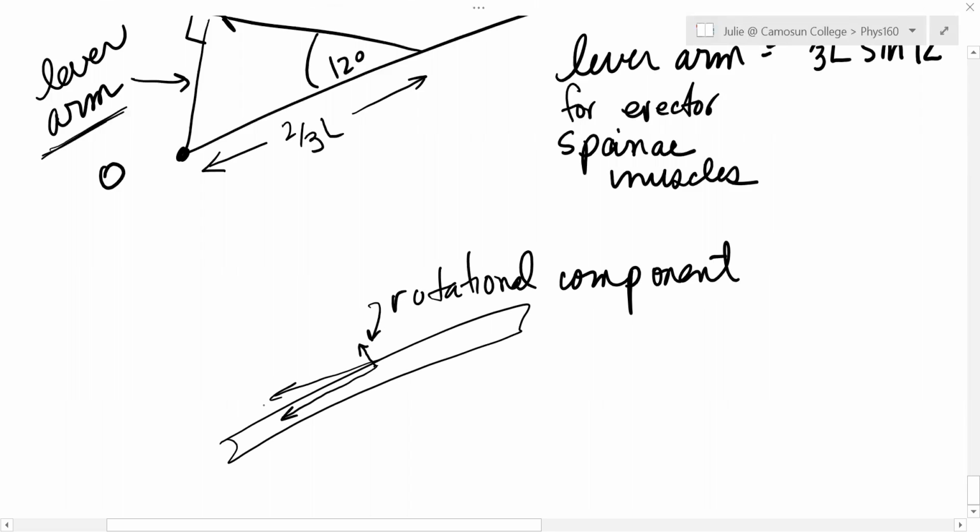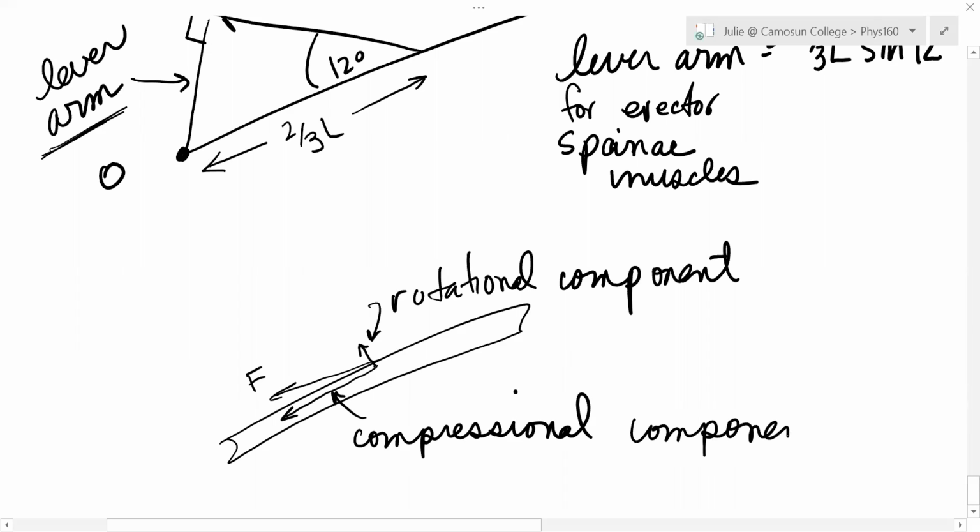So just imagine how big this force in the muscle has to be so that the rotational component exerts enough torque to counteract the weight of your body and your head. And this compressional component is the one that simply squishes your vertebrae together, and that causes all kinds of problems.